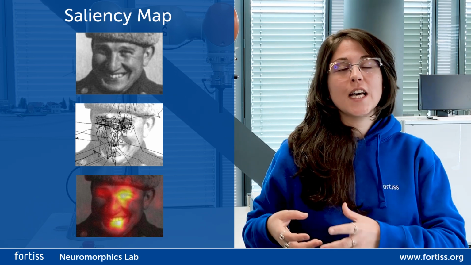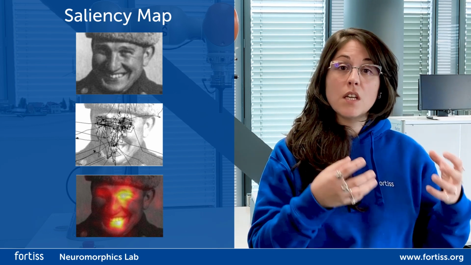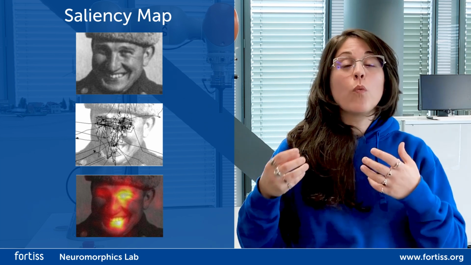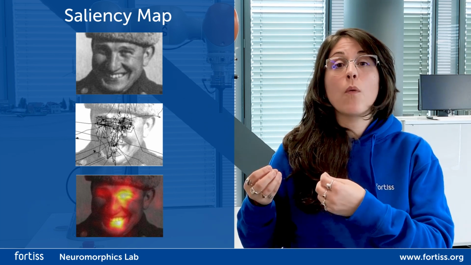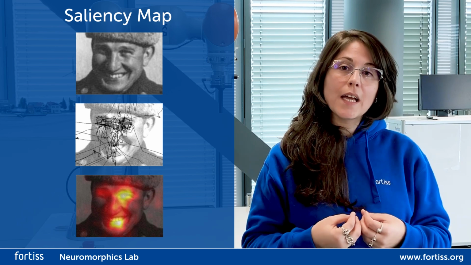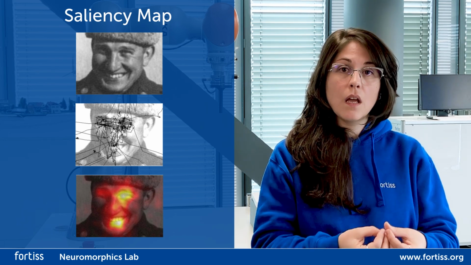Then we have a saliency map. The saliency map is the concretization of the scan path. It is where we focused our attention. The saliency map tells us what was really salient in the scene for us.